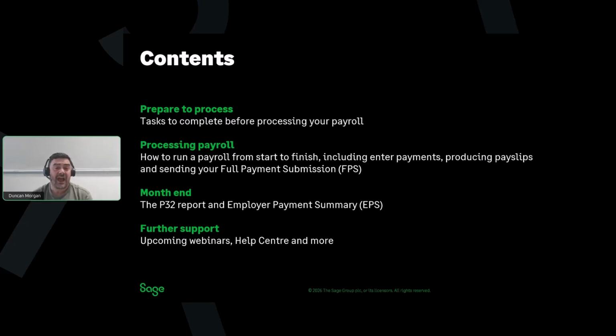We're then going to take a look at the payroll process, start to finish, including how you enter payments, produce pay slips and reports, and how you send a full payment submission or FPS to HMRC to report your payroll information in real time. We'll also briefly cover off your month-end tasks, including the P32 report and the employer payment summary submission. And we'll finish up with looking at some further support, including some upcoming webinars, how to access our help centre, and more.